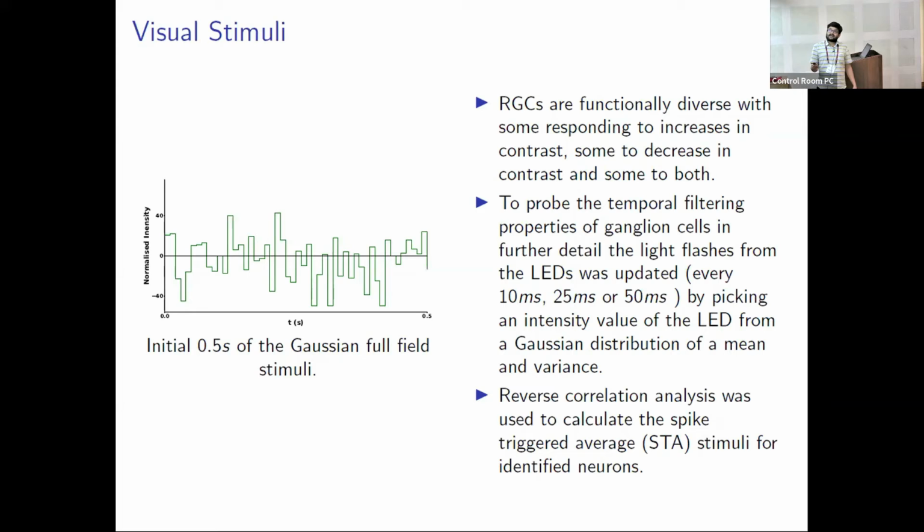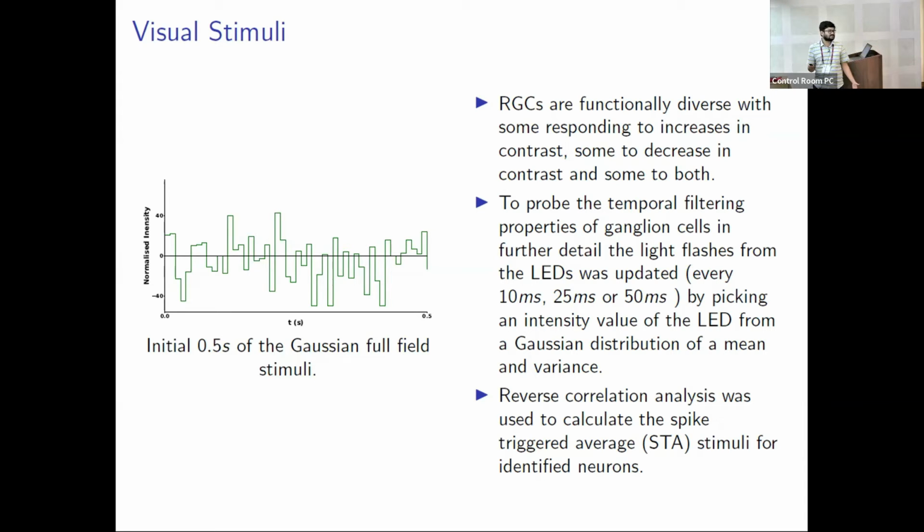For seeing these contrast changes, there will be spiking activity of ganglion cells. Since you know the input, because you have given the stimulus, and you know the output, because you have recorded it, for every spike, for a particular memory of the neuron, which you can assume is 500 millisecond, but you can also take as 1 second, you take every frame before the spike, which is the stimulus, like a vector over a long time period.